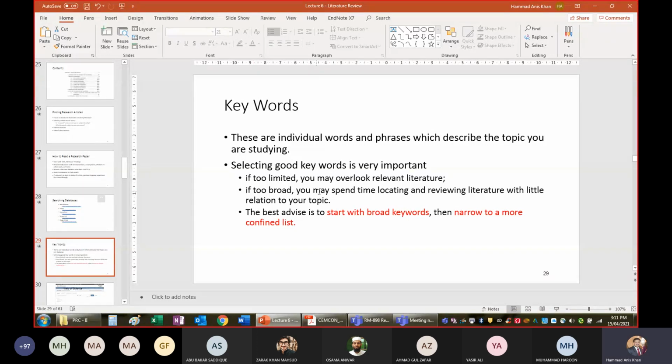If too broad, you may spend time locating and reviewing. If you select concrete, you will find like 50,000 research papers on concrete. Use some logical words. The best advice is to start with a broad keyword and then narrow to a more confined list.